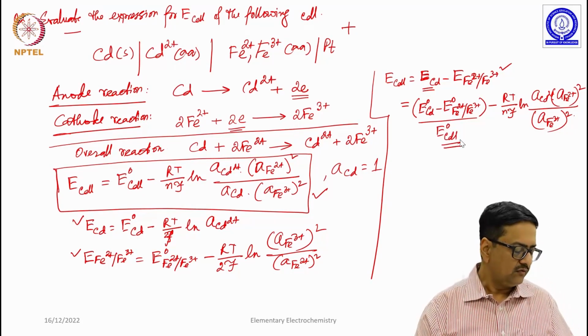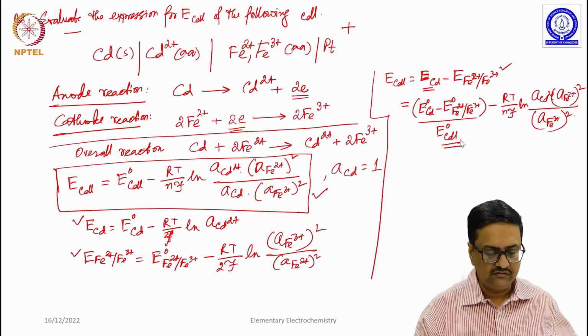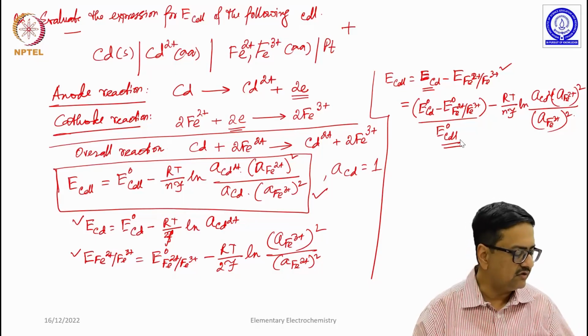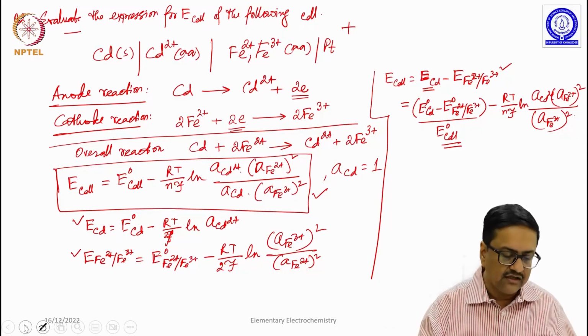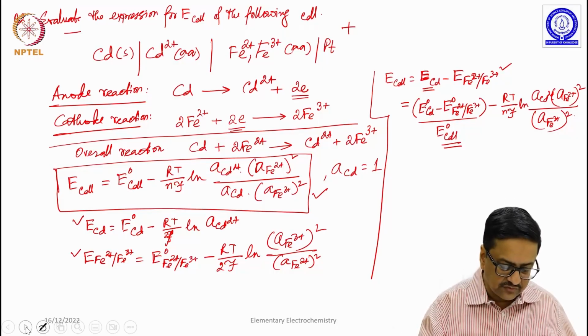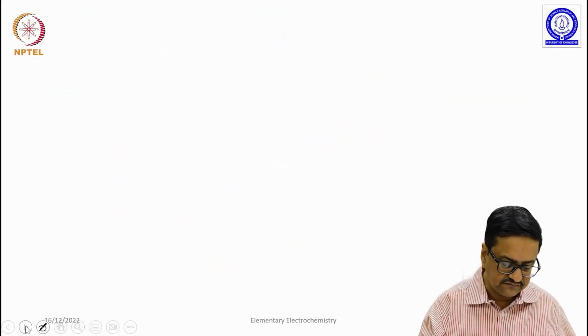So this is how one can derive the equations for the corresponding cells from the corresponding half cell potentials.